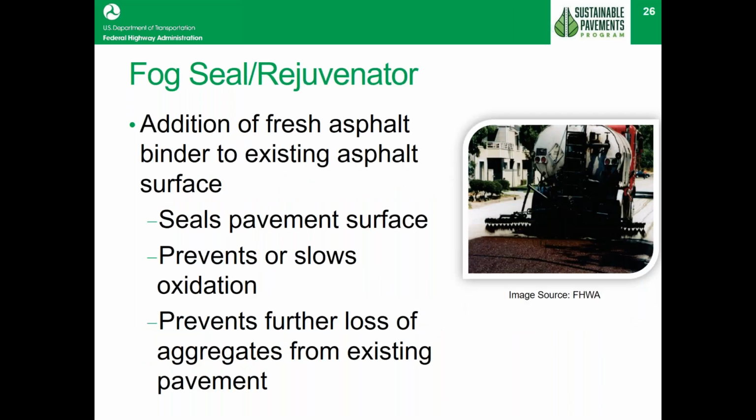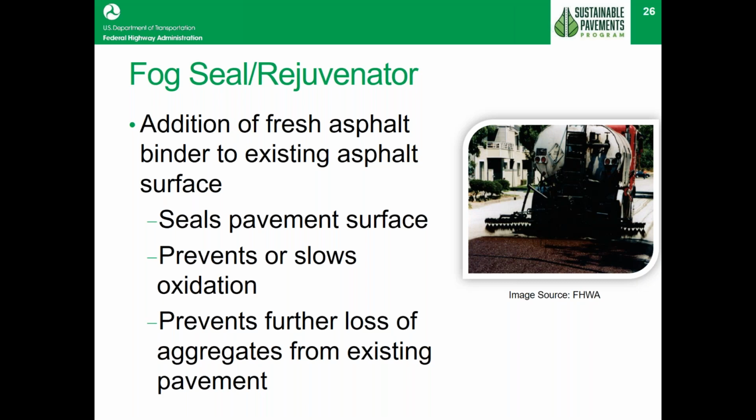Another very common treatment these days is the fog seal rejuvenator. These are very useful where oxidation is a problem. Basically, what this process does is it adds in a lot of the things that are in asphalt materials that tend to dry out over time. It's frequently used for preserving shoulders on high traffic highways. You may have seen some of this activity going on.